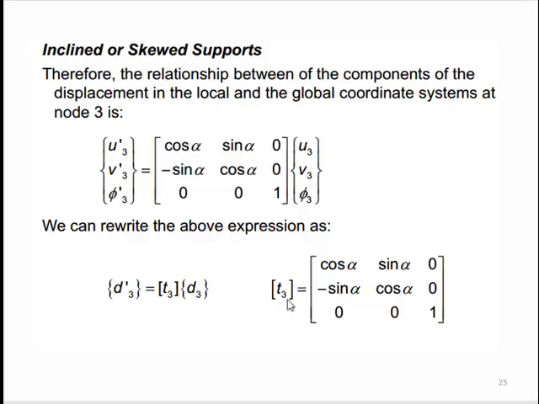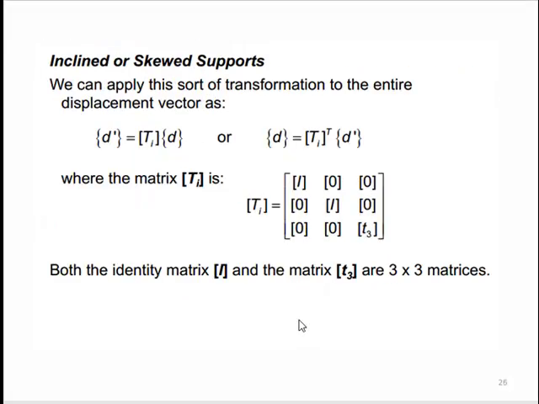So this is our transformation matrix for node number 3, t3, and we can apply this sort of transformation to the entire displacement vector. So d prime would be equal to Ti into d, or if we multiply both sides with the inverse or with the transpose of Ti, we get d equal to Ti transpose d prime, where this Ti transpose is equal to this matrix.